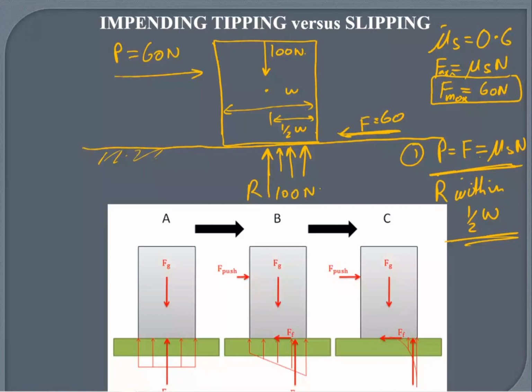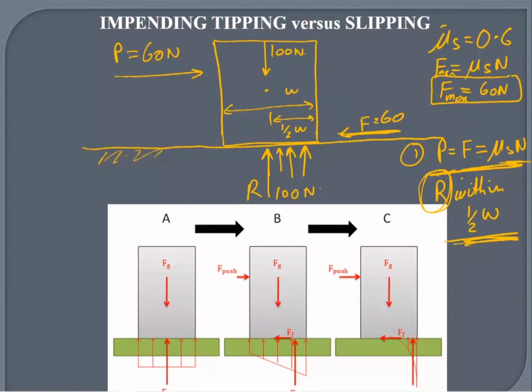So remember, if the object slides, it means that the friction force you generated reached the maximum value, and the position of R remains within half width of the object footprint. Is that clear?